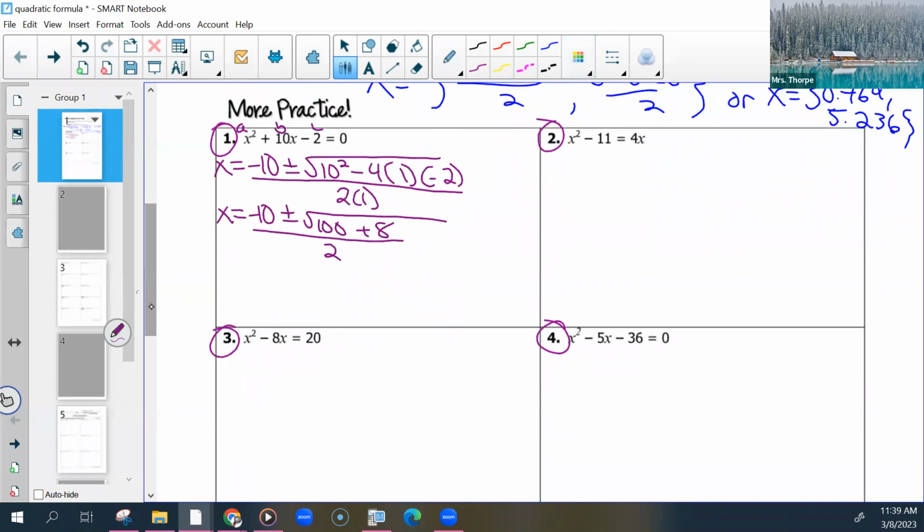And then add 100 and add 8. Is 108 a perfect square? No, so we would just separate it and write it as two things. -10 minus the square root of 108 all over 2, and -10 plus the square root of 108 all over 2. Or you can find the decimals. Questions so far?